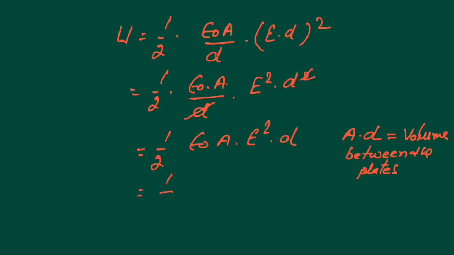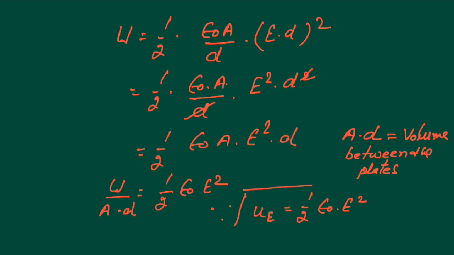Therefore, U divided by volume will be equal to half epsilon naught E square, where E is the electric field. This energy is stored in the form of electric field.